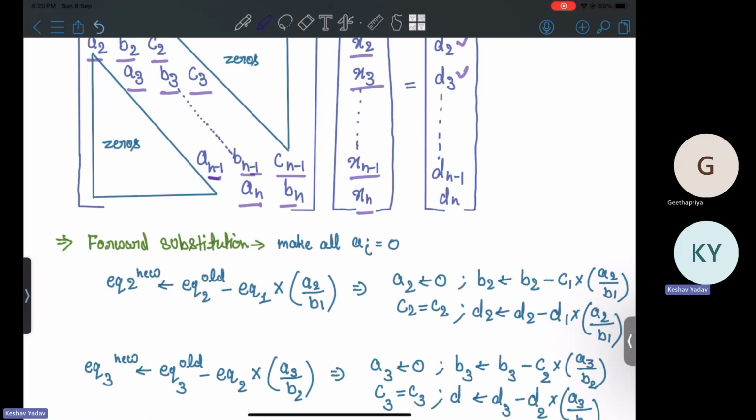We will use the same method as Gauss elimination. What do we do in Gauss elimination? First we do forward elimination, then we do back substitution.